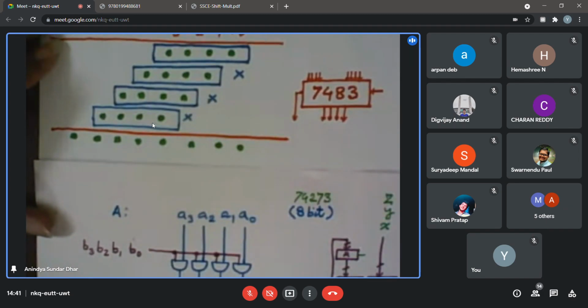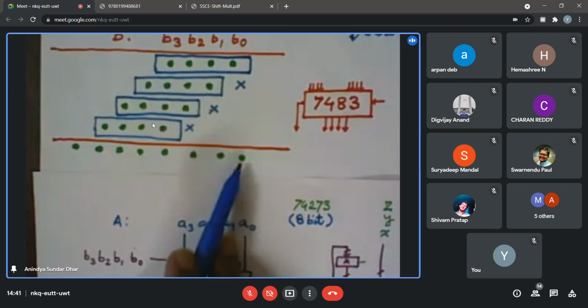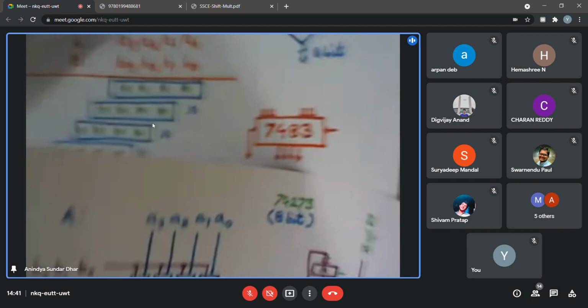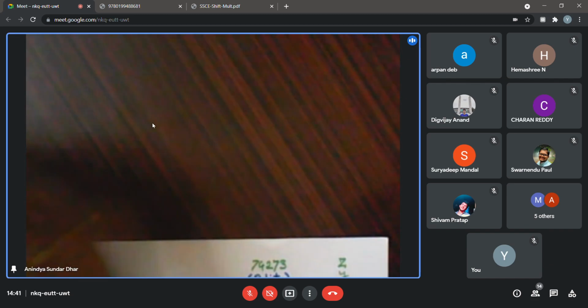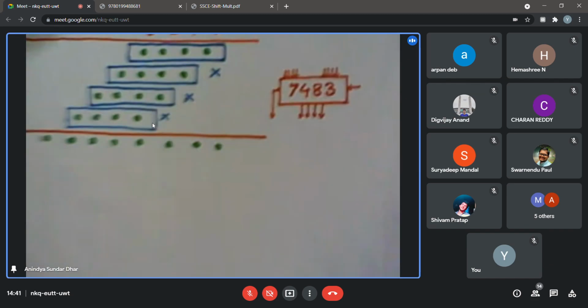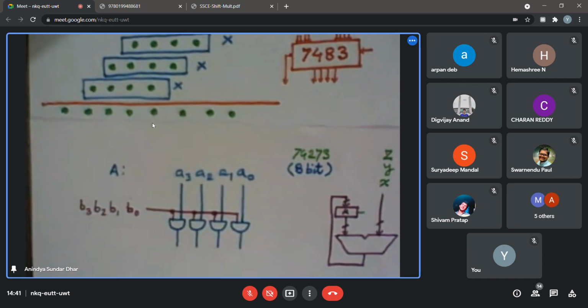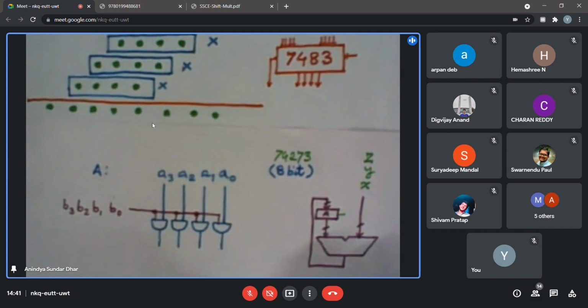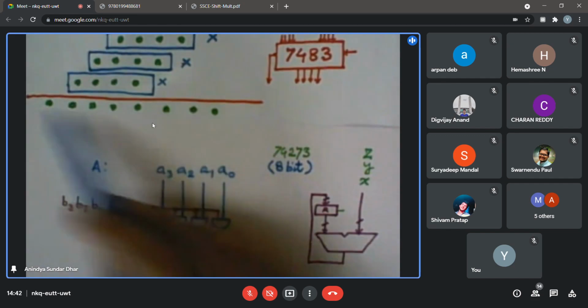The result is 8-bit as shown earlier, or as you have suggested. So I can use a single 74273 for holding it, right? You may interact, otherwise I feel I'm just talking to an inanimate laptop. So I may use 74273 for getting the final result.